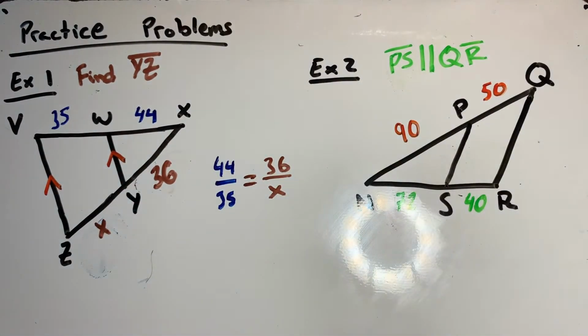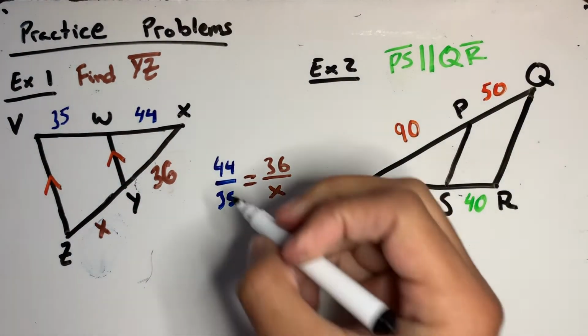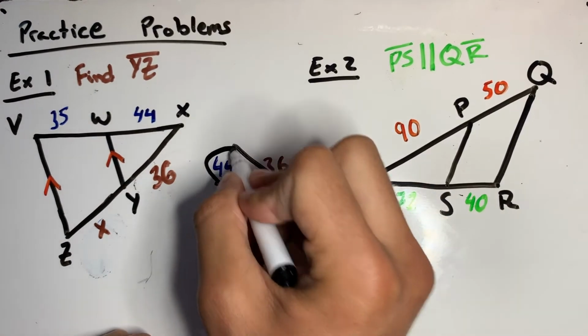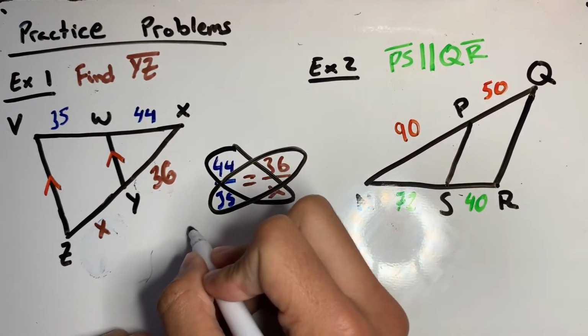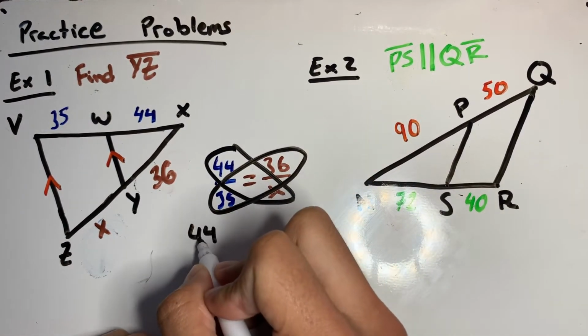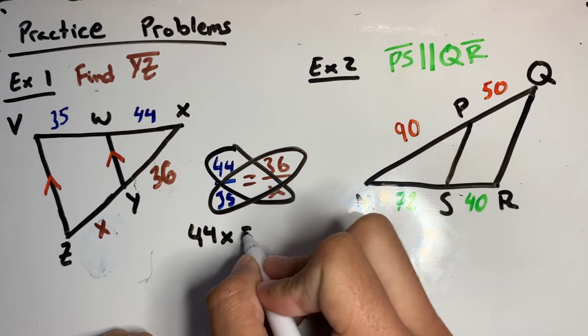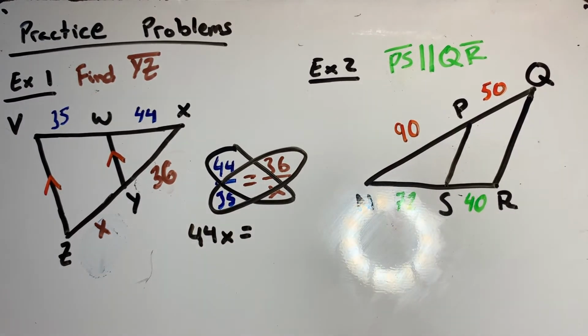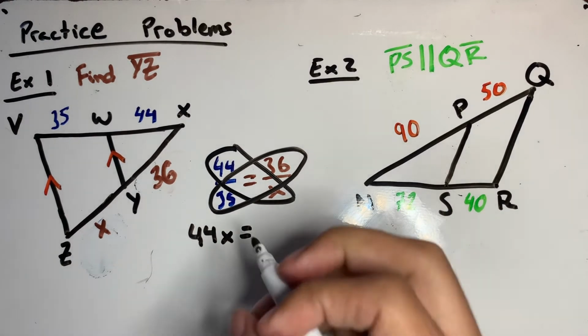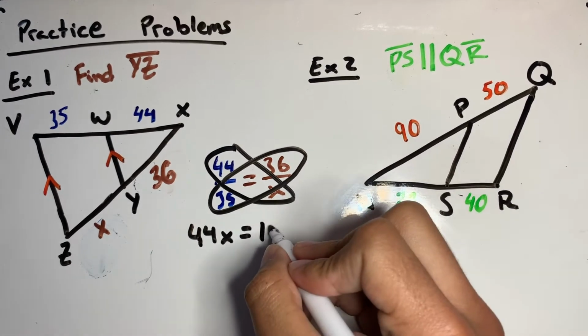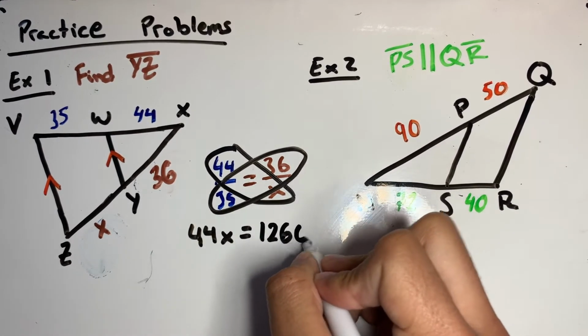That's it. All right, so now we cross multiply. That's going to give us 44x is equal to, let me pull out my calculator, 35 times 36, which is 1260.